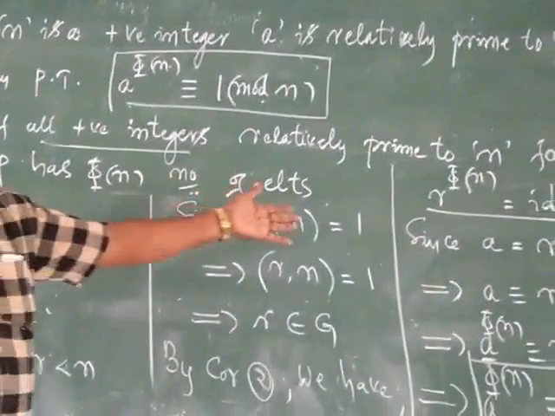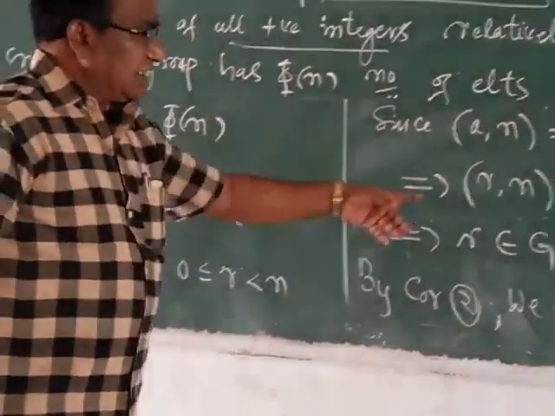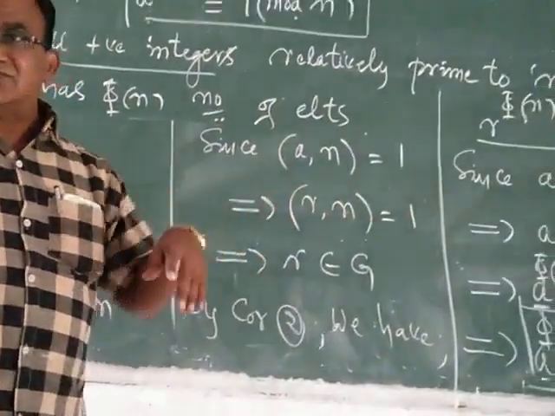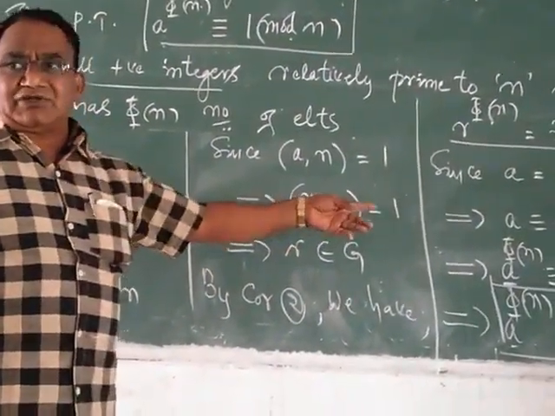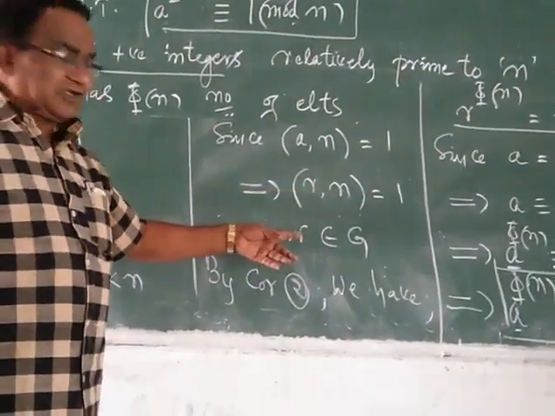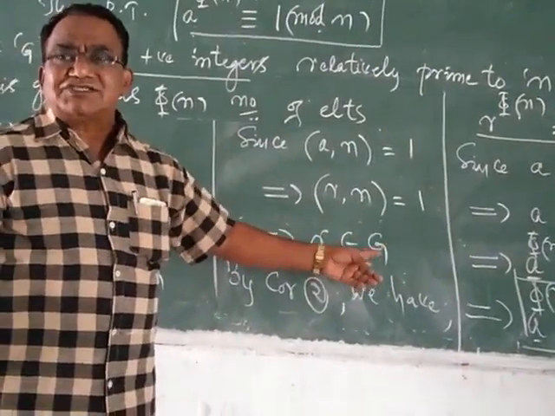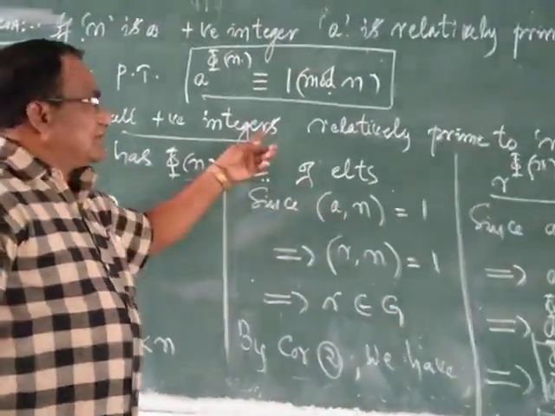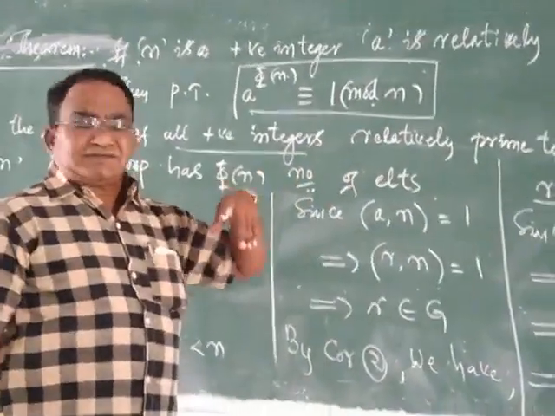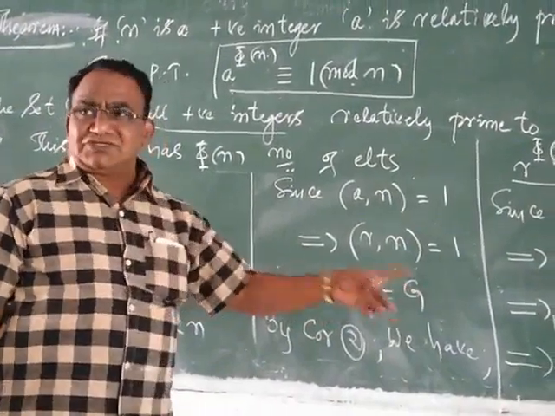Since A and n are relatively prime and R is less than n, (R, n) is also equal to 1. This implies that R and n are relatively prime, so R definitely belongs to G, because G is the set of all numbers relatively prime to n.